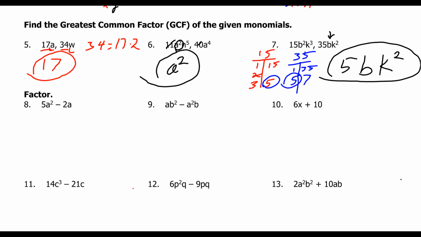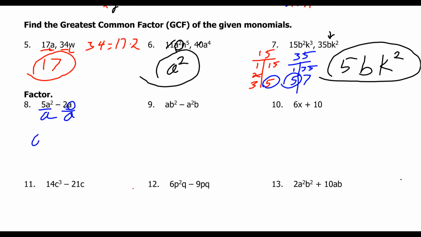All right, number 8. Okay, so let's see. Common factor here would dictate, let's see, I'm seeing that 5 and 2, there's nothing that'll go into both of those evenly. But we can factor out, do what's called factor out an A. So what we're going to do is we're going to go ahead and divide this by A and divide this by A. This is where that whole thing from the last unit, the whole dividing stuff, comes in real handy, okay?